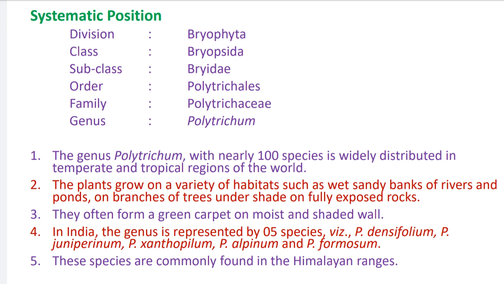These are the 5 commonly occurring species of Polytrichum in India. Then point number 5. These species are commonly found in the Himalayan ranges of India.